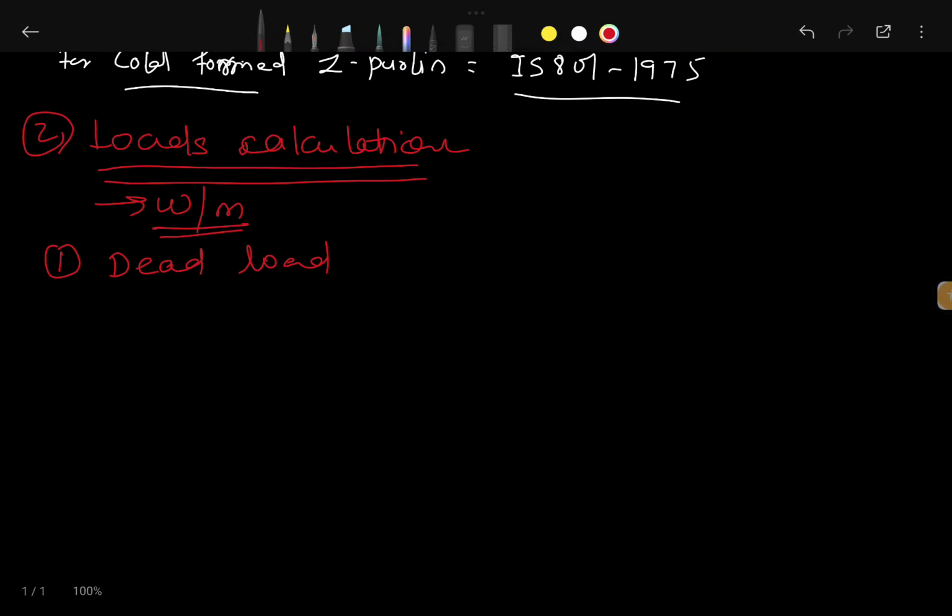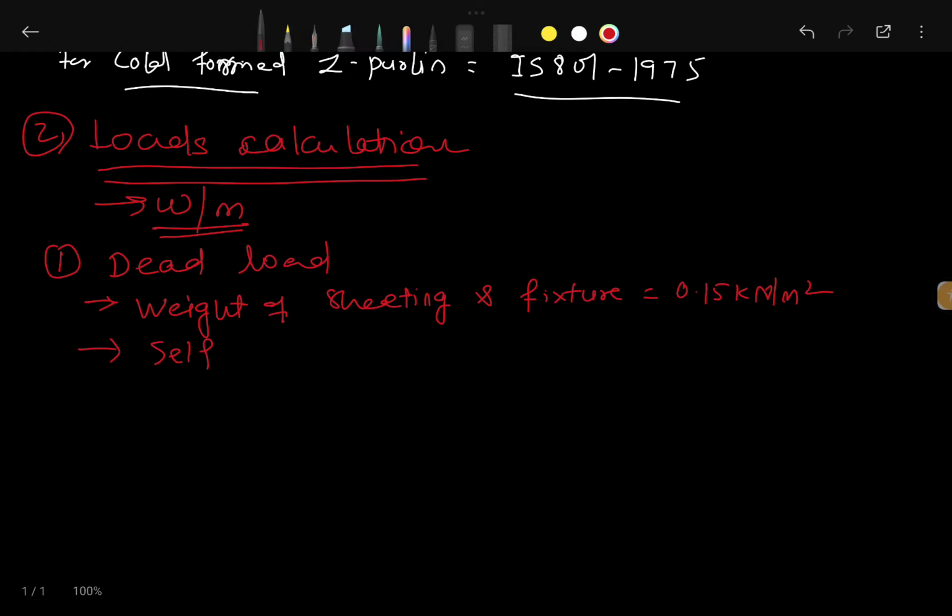Dead load. For dead load, first the weight of sheeting and fixture is equal to 0.15 kilonewton per meter square. Second point, self weight of purlin, we assume 0.05 kilonewton per meter square.